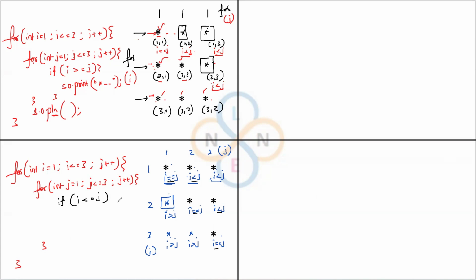In this scenario, we can write one line of statement without curly brackets for the if condition. So I'm writing directly System.out.print, not println. We have to print a star, then leave two spaces. Then, if this condition fails, we have to print a space, which is not the above case. So that's the difference.